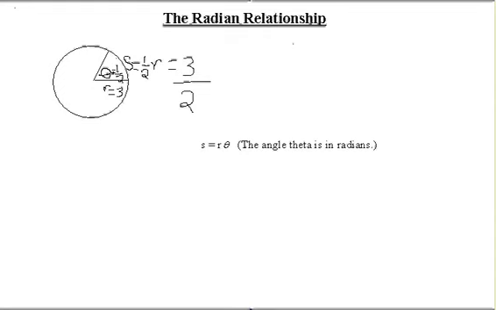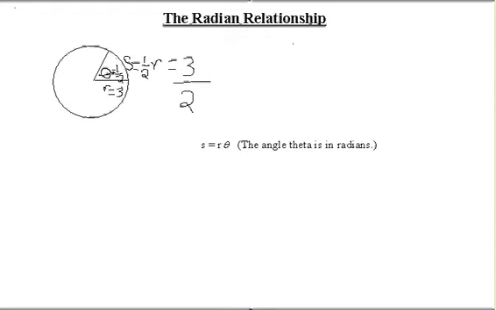It says the length of the arc, S, will contain theta radii.